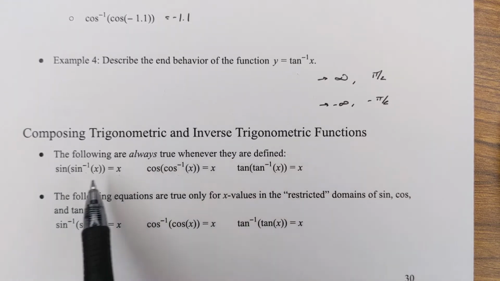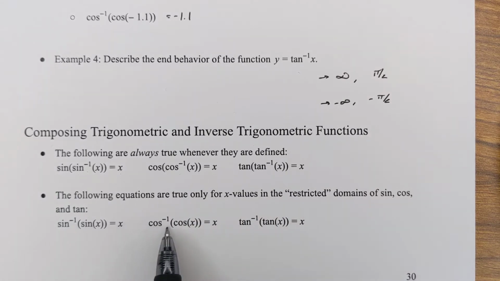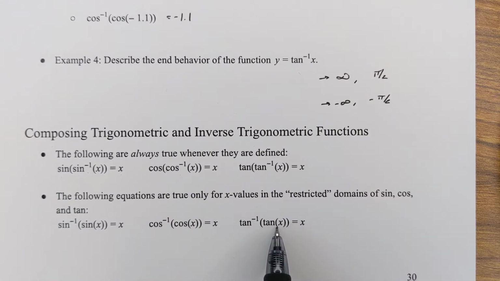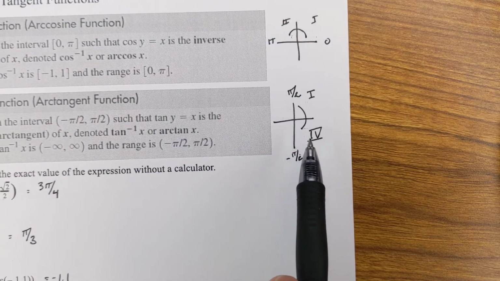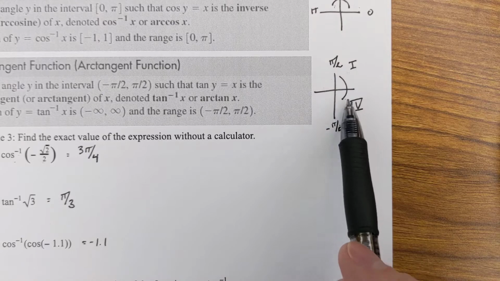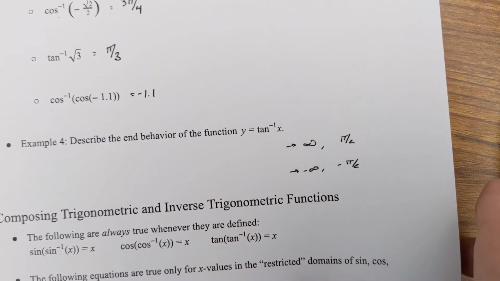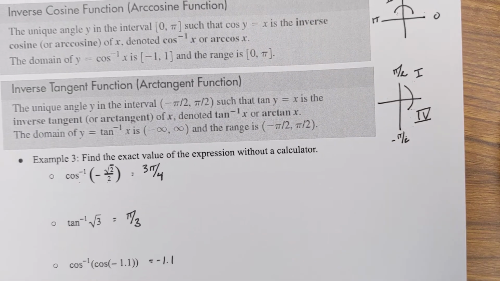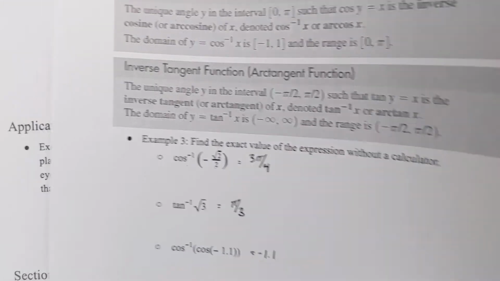So these are always true: the sine of the inverse, the cosine of the inverse, the tangent of the inverse. However, the reverses are not always true, as long as you stay within the original ones that are valid. So if x is in quadrant 1 or 4, then this also works, but you have to be careful. You can't just assume that they automatically cancel each other out, which we saw in one of the previous examples where it flipped the angle across.